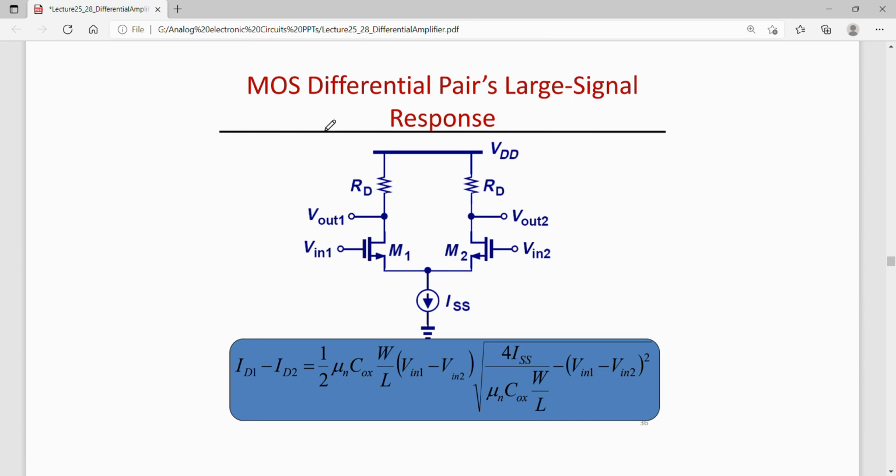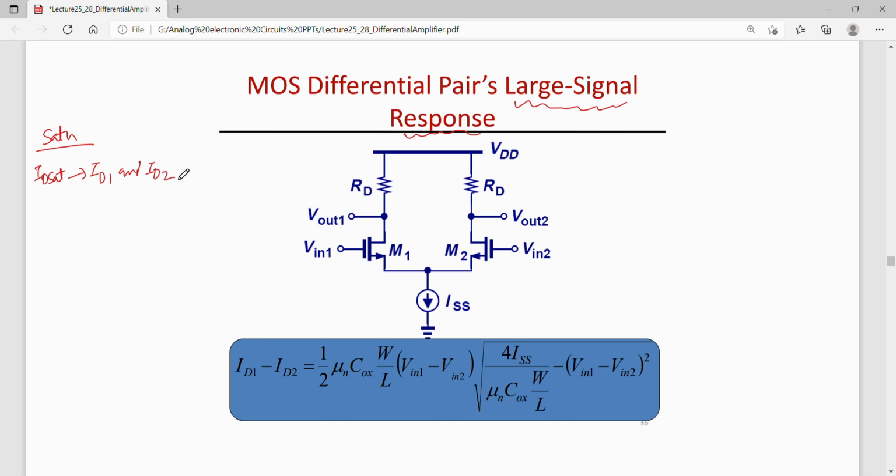Now one can also find out the large signal response of this MOS differential pair, the DC response. For that, again, one would assume that these two transistors are acting in saturation. So first, one has to assume that these two transistors are working in saturation. Then one has to write the drain current in saturation, which will give you ID1 and ID2.